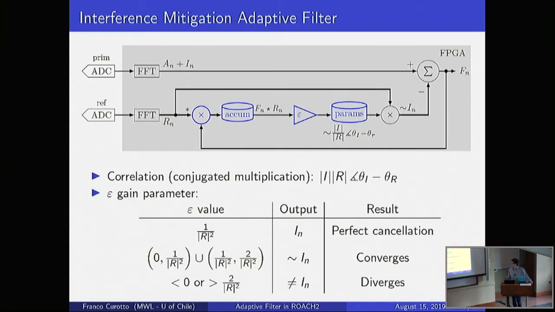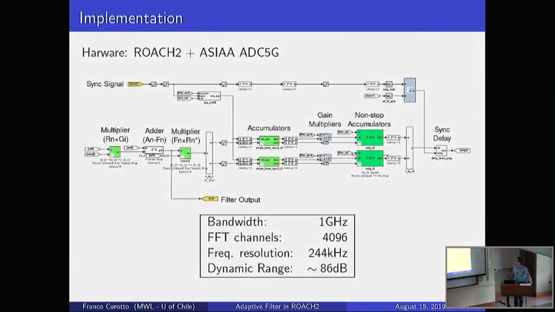The only thing you have to avoid is that your epsilon value is too little or too high, in order to avoid filter divergence. So this is the math of the system. Hopefully you understand something. And now we're going to the implementation.